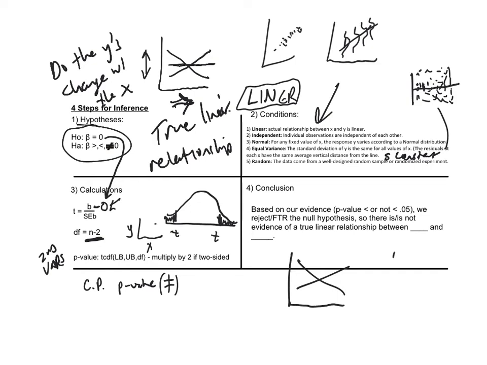If you fail to reject, we're basically saying that the slope could be 0, and that would mean there's not evidence of a true linear relationship. So the whole reason we're doing all of this is to see if we can show, statistically speaking, that the slope is not 0.